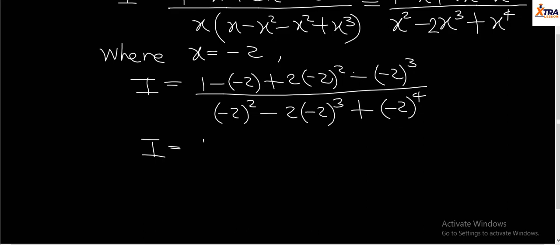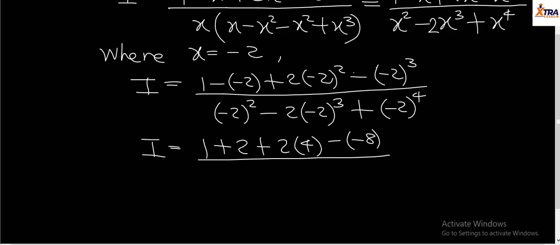The value here becomes 1 plus 2 plus 2 into bracket 4 minus 8, all over 4 minus 2 into bracket minus 8 plus 16.